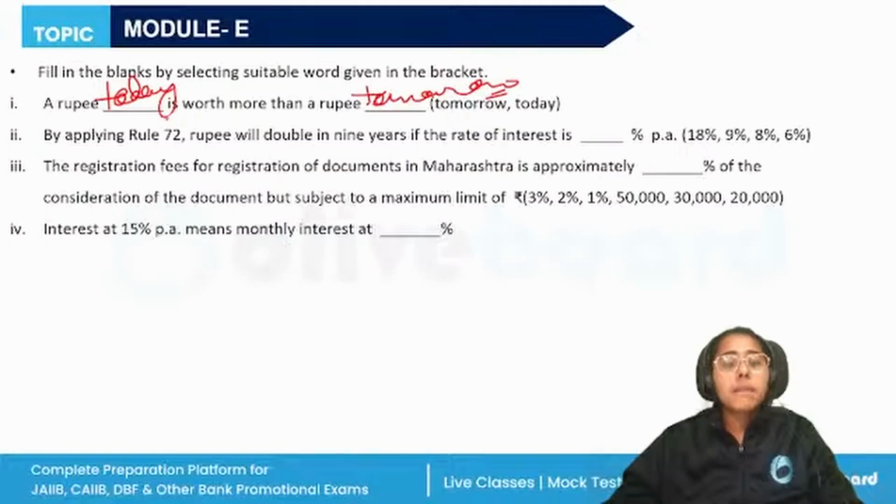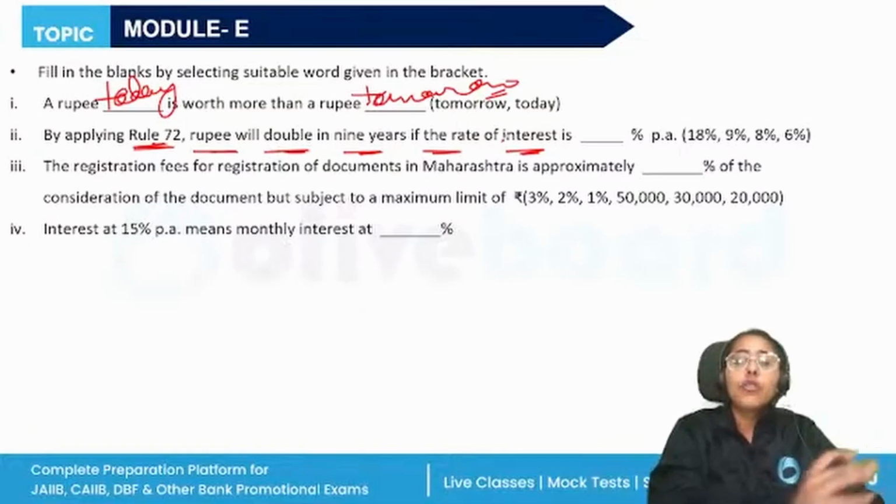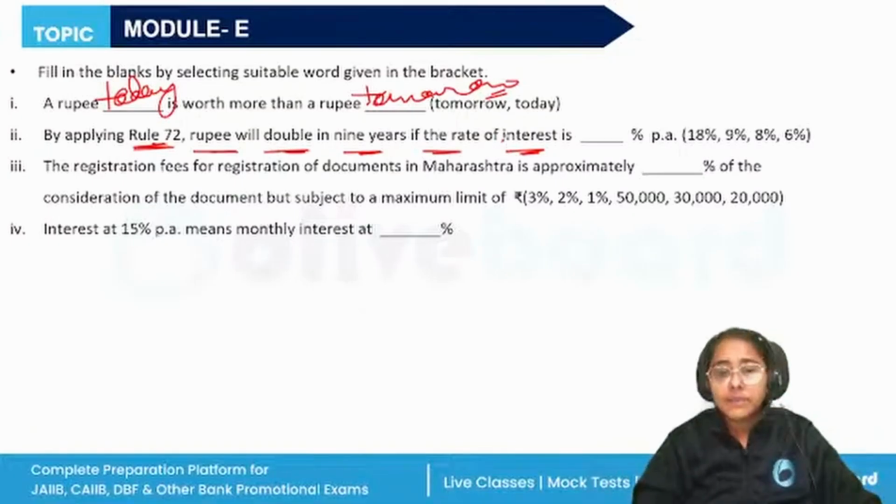Then, by applying Rule 72, a rupee will double in 9 years if the rate of interest is 18%, 9%, 8% or 6%. So there are some rules which are given to us. First, if we talk about the first statement, it is the mortgage advice profession which is given, and according to it the statements are correct, and it is referring to the time value of money, interest and the annuities.